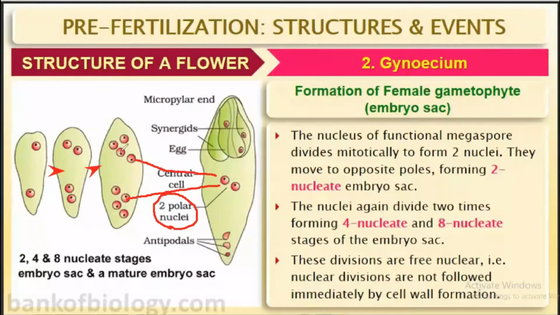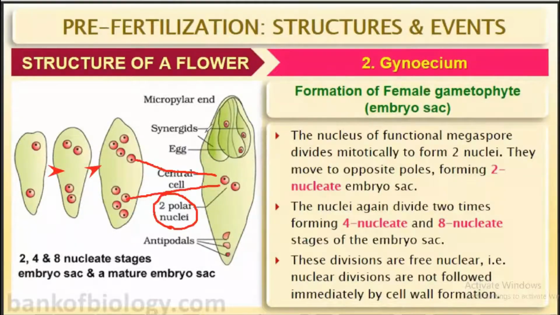Then how many nuclei are remaining at the micropylar end? 3 nuclei: 1, 2, 3. How many nuclei are remaining at this particular pole, the chalazal pole? 1, 2, 3. The 3 nuclei present at the chalazal end are known as antipodals. What are they called? Antipodals.